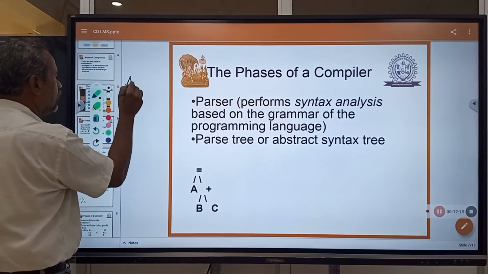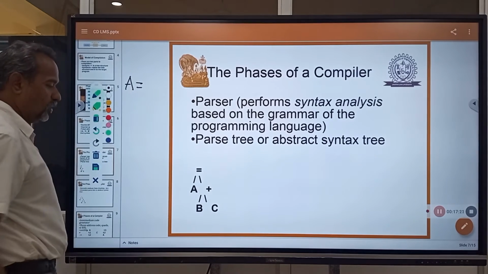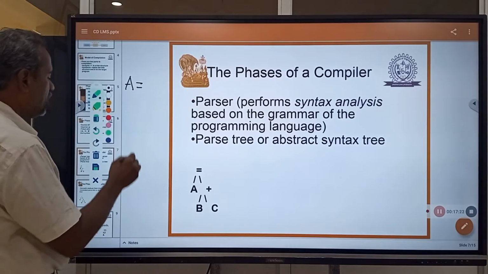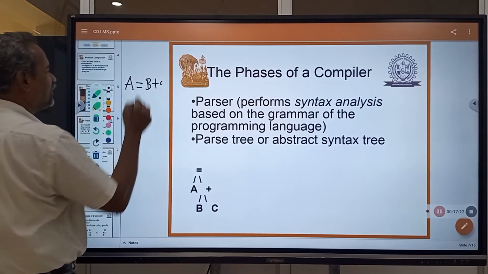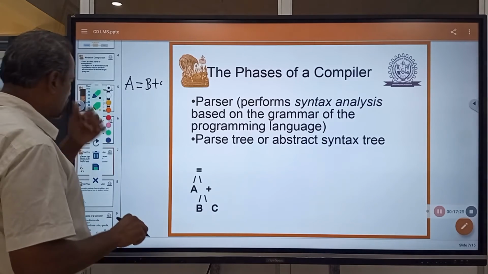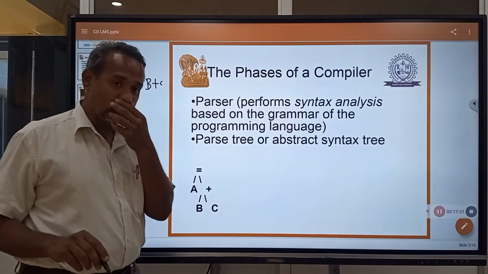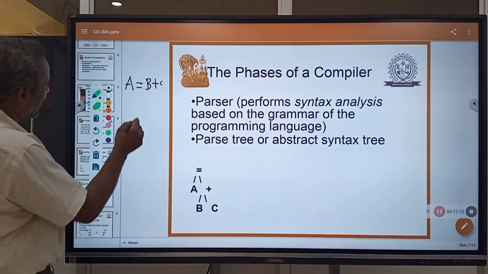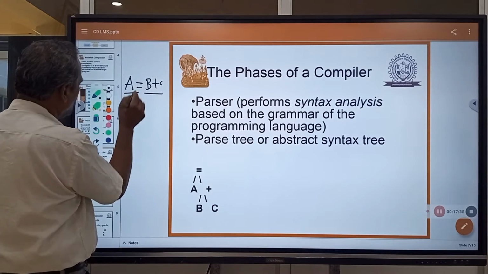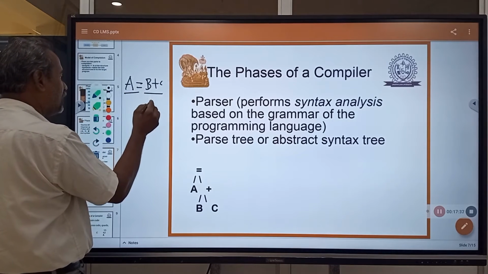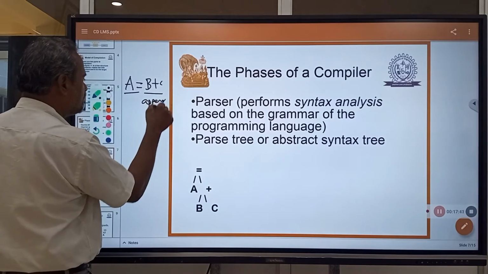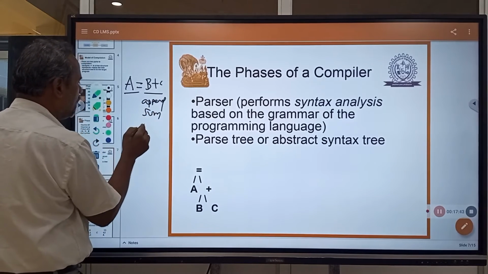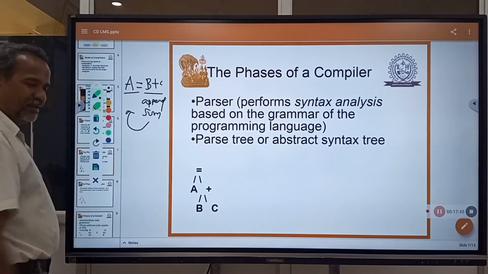A equal to B plus C is the expression. What is the form of this expression? We need to get the values B and C from the user, add them, and supply the sum to A. Append the value, the summed-up value, and assign it to A. Got it?